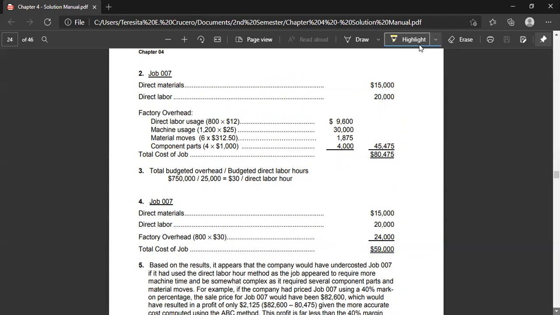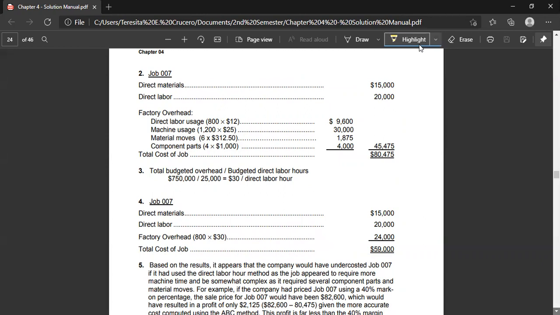Based on the results, it appears that the company would have undercosted job 007, as the job appeared to require more machine time and be somewhat complex, as it required several component parts and material moves.